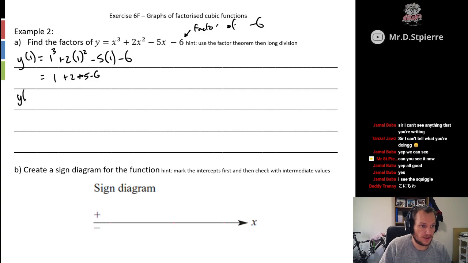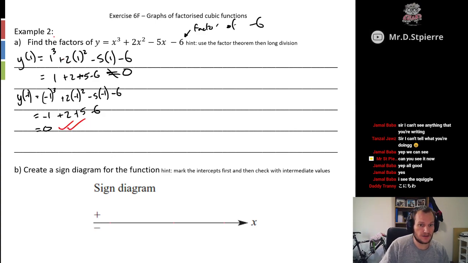So let's try y of -1: -1 cubed plus 2 by -1 squared minus 5 by -1 minus 6 is equal to -1 plus 2 plus 5 minus 6, which is equal to 0. That did not equal 0 up here. This equals 0. Happy days.